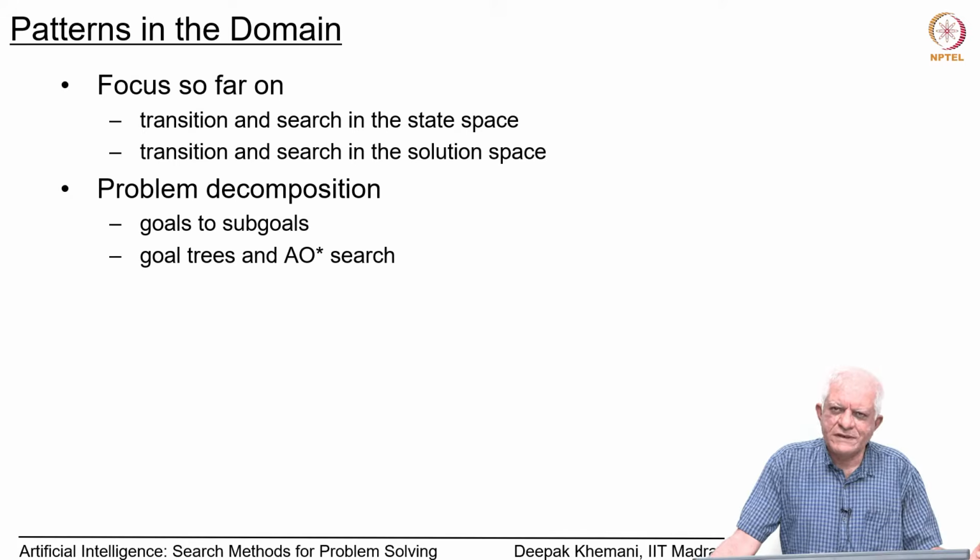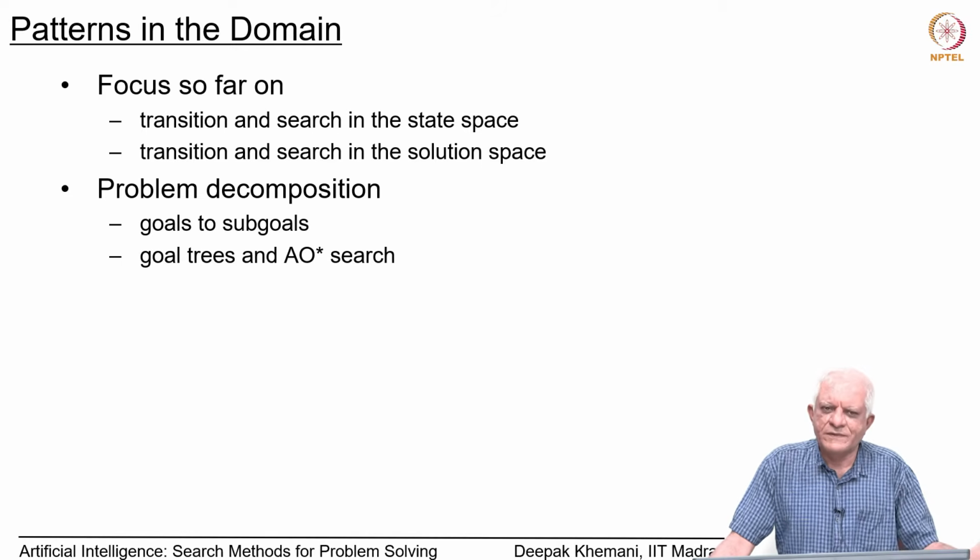In problem decomposition, we kind of moved away from that a little bit, and we said that okay, we will look from a teleological point of view or goal directed point of view and say that if we have this goal to achieve, then what are the sub goals that you want to achieve essentially.